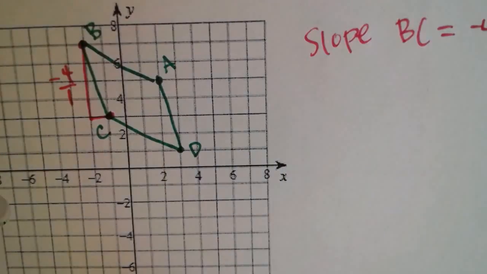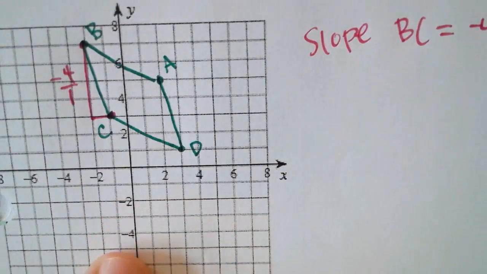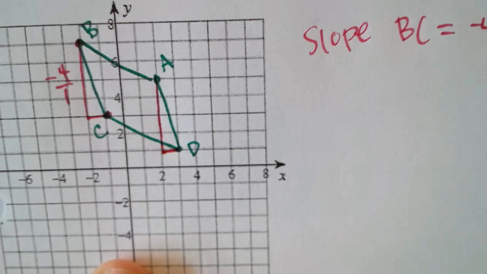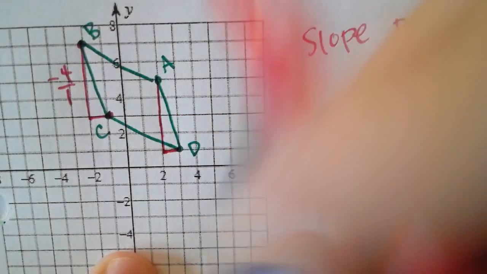Now, if it's a parallelogram, the slope of BC will be the same as the slope of AD. So if I'm trying to find the slope here, again, I go down and over. How far did I go down? From A, 1, 2, 3, 4, over 1.